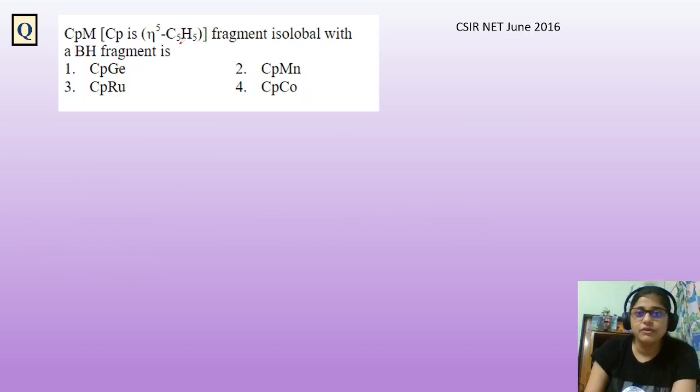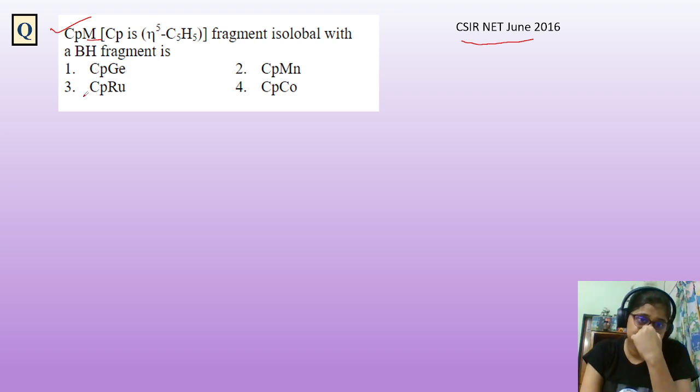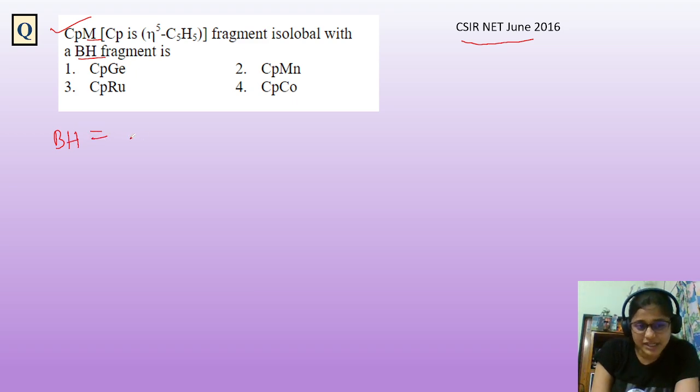Now this is a question from CSIR-NET June 2016. This fragment is given, simple, and the fragment has a twist, the aim is given. We have to find out what the aim is, right? So this fragment is isolobal with the BH fragment, which is given, so we first find the BH total electron count.